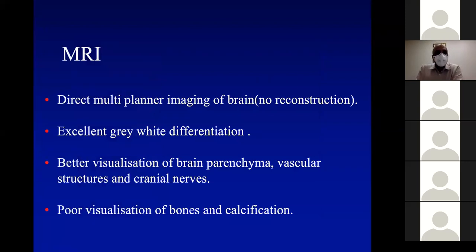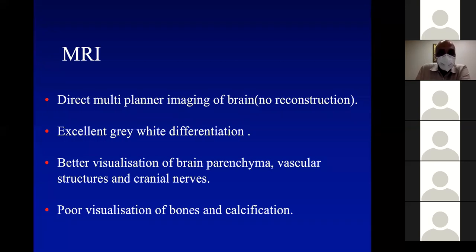Coming to MRI, it is a modality which is fairly commonly used these days, but it is slightly expensive to use. Again, advantages are multiplanar imaging of the brain, and these images are obtained on various planes without reconstruction. So it's not a computer calculated image, but it is in actual obtained in that plane.